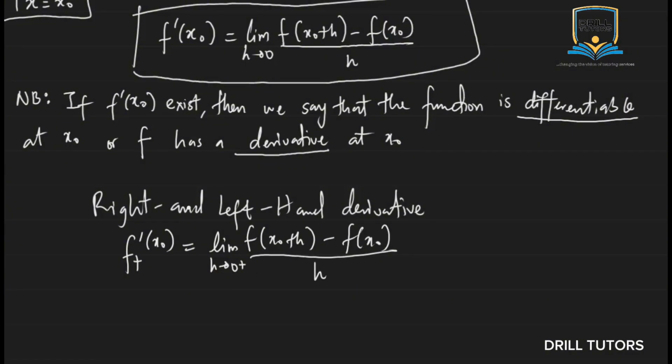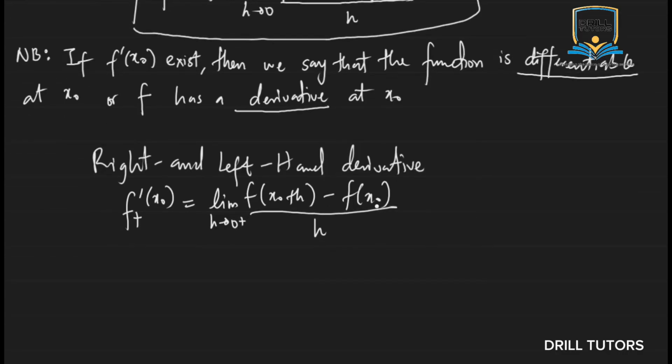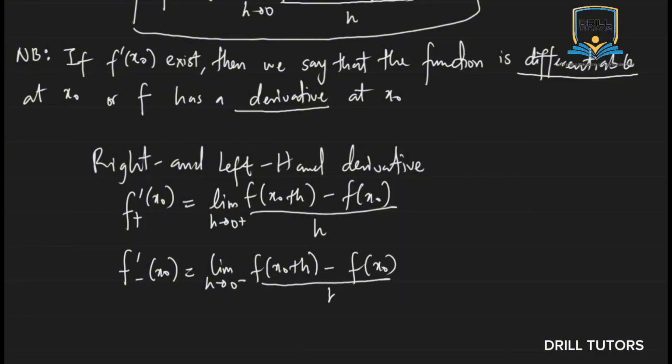This is the right hand derivative. Now for the left hand derivative, we denote that by f prime minus at x naught, and this guy is the limit as h tends to 0 from the left of f at x naught plus h minus f at x naught, all over h. So note these two things.